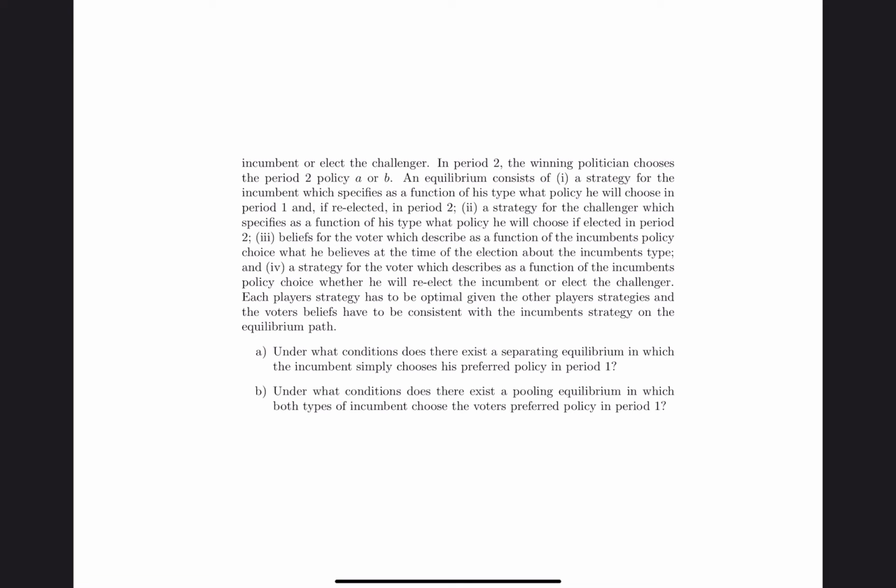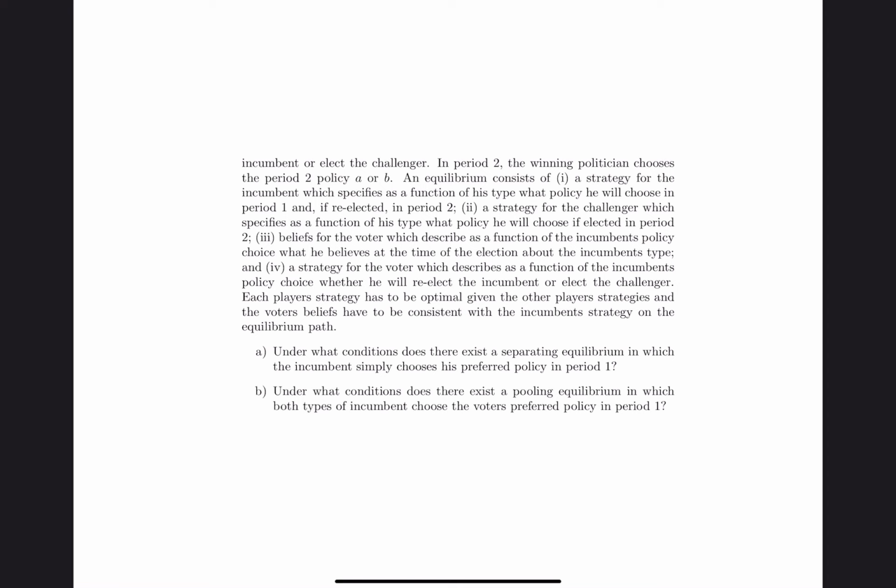And now let's come to the definition of the equilibrium, because it will be a perfect Bayesian equilibrium that we will use here. So an equilibrium consists of first a strategy for the incumbent which specifies as a function of his type what policy he will choose in period 1 and if re-elected in period 2.